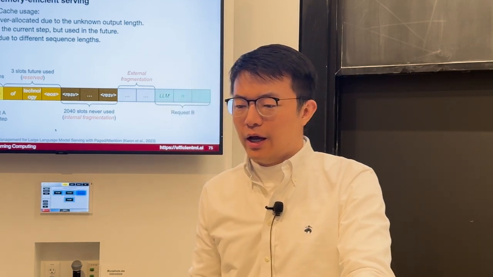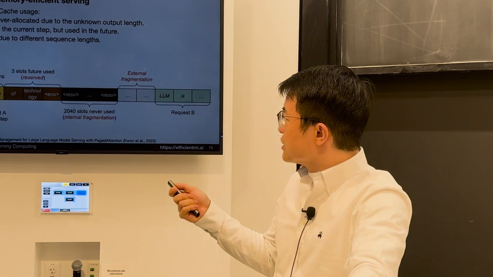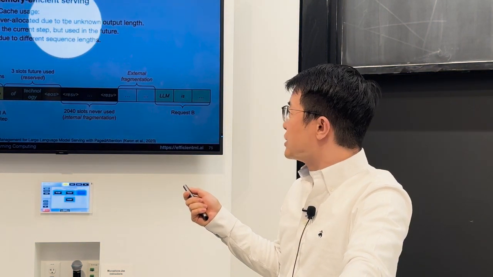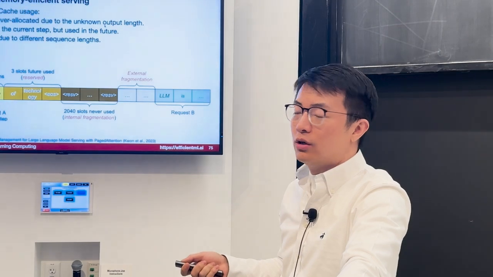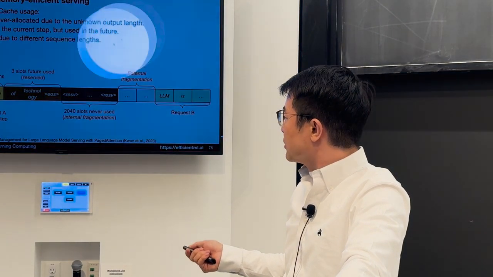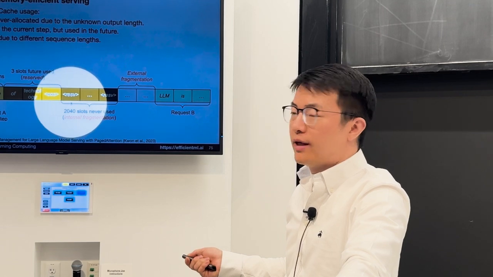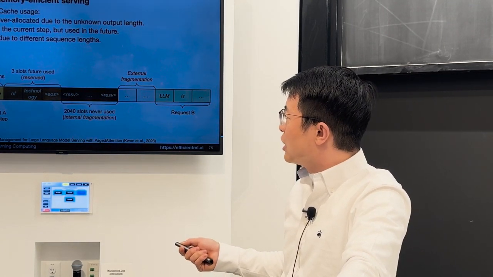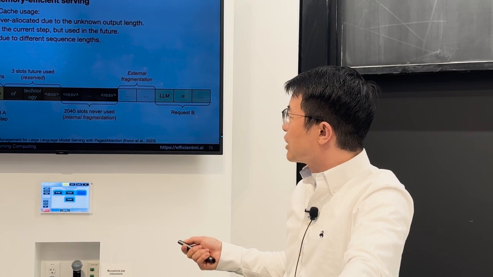So the first potential waste is the internal fragmentation. We have to over-allocate space for the KV cache due to the unknown sequence length. Okay? So for example here, we have more than 2,000 slots that are never used. We may also have reservation fragmentation. Okay?